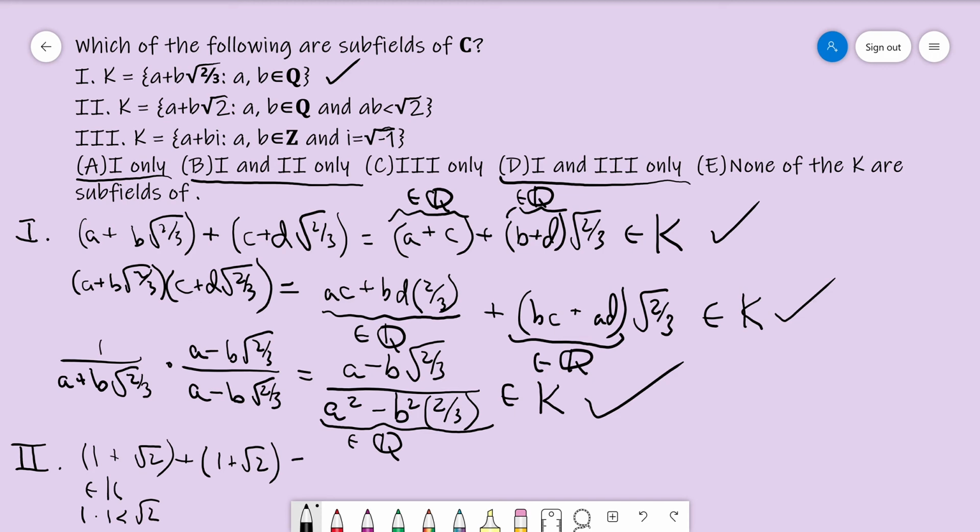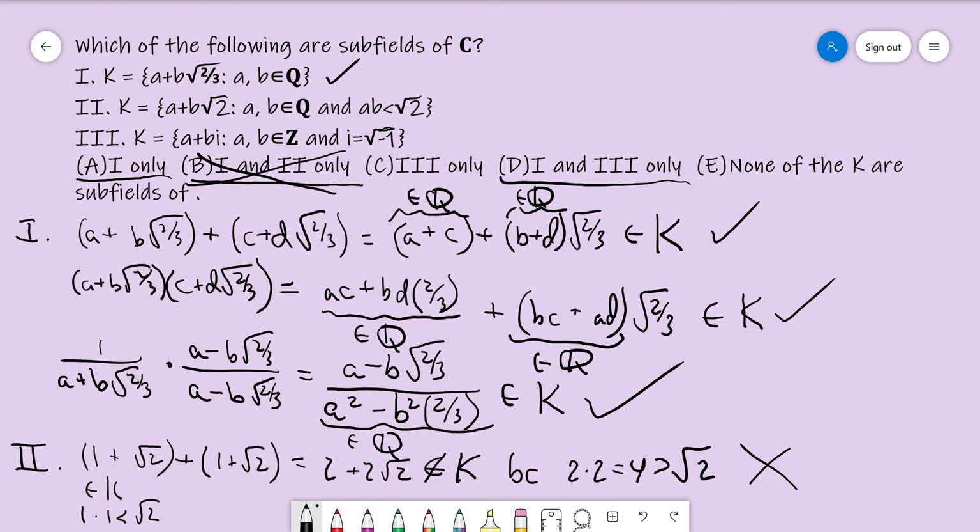But if we add these two together, we'll get 2 plus 2 root 2, which is definitely not an element of K because 2 times 2 is 4, which is greater than root 2. So 2 does not work, so we can cross out option B.